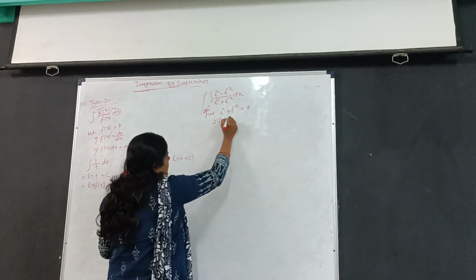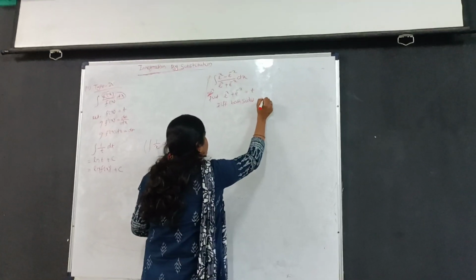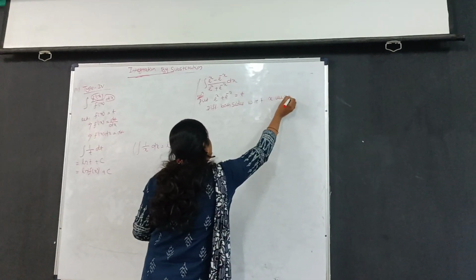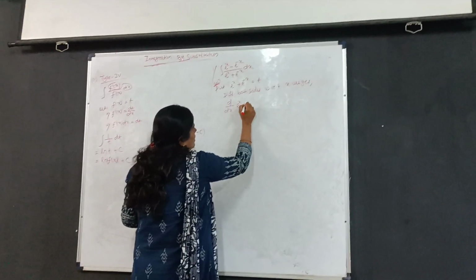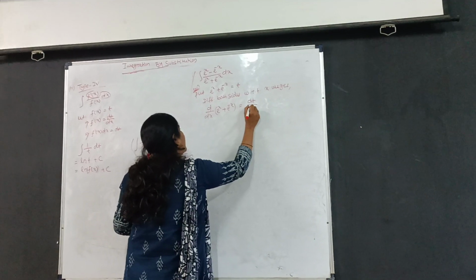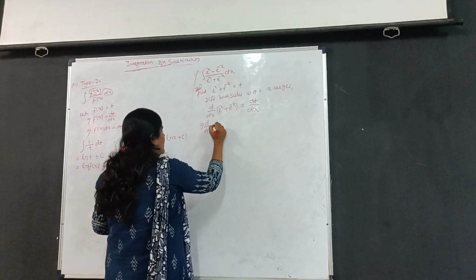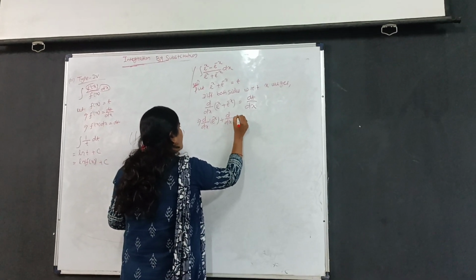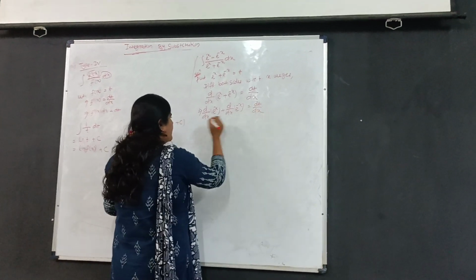Differentiating both sides with respect to x, we get d by dx of e to the power x plus e to the power minus x is equal to dt by dx, that implies d by dx of e to the power x plus d by dx of e to the power minus x is equal to dt by dx.